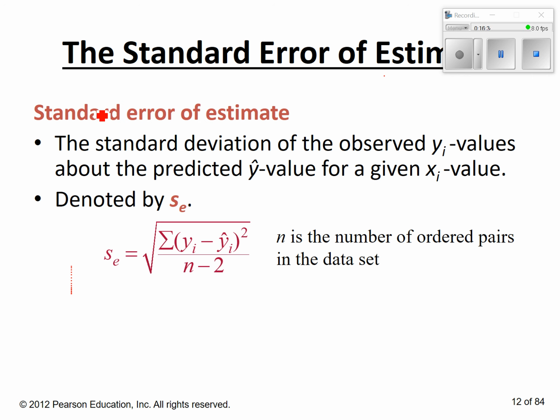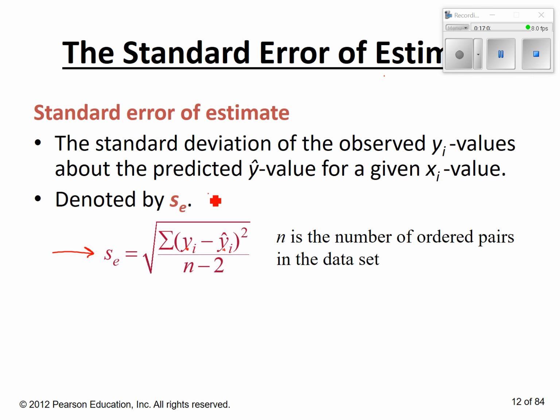So to find our standard error, we use this formula, and we're going to do the sum of Y sub i minus Y hat sub i. This is what we got from the data. This is what we predict from our regression line.